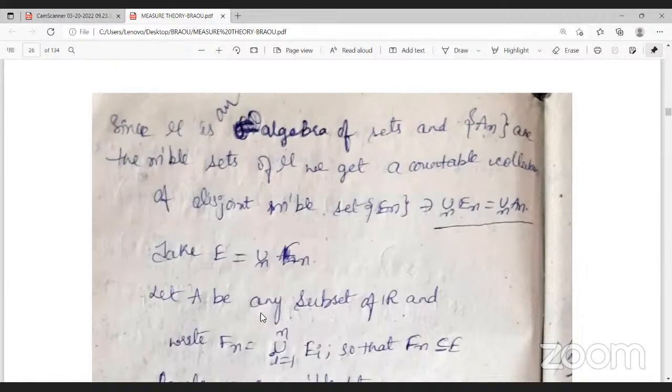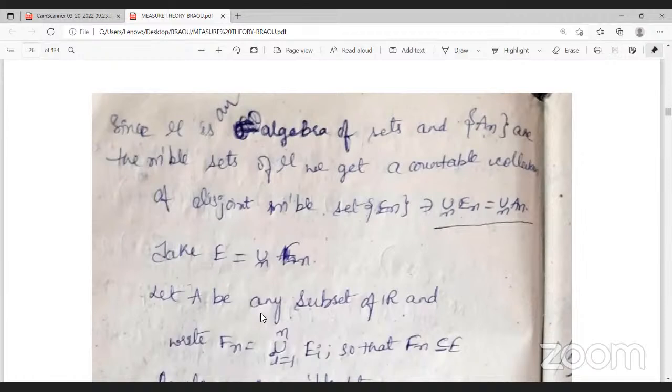Similarly, we can prove that it is countably additive. Finite additive is different, countable is different. What is the meaning of countable? E1, E2 and so on up to infinity. Now observe here, a sequence of pairwise disjoint measurable sets.